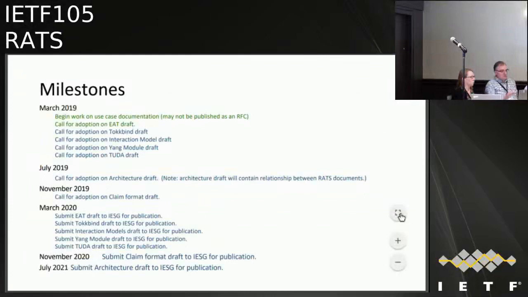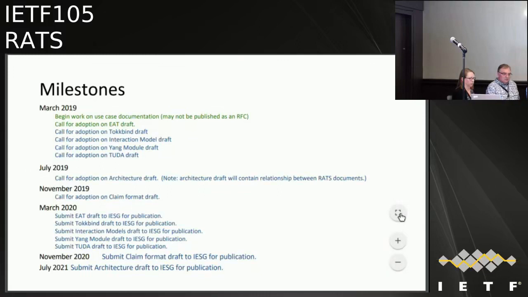So we wanted to cover the milestones since we're going to be updating them. Tomorrow we have presentations for updates on a couple of the drafts, but there are still a few that aren't on the docket. So I wanted to take a pulse, because there was some discussion that perhaps on the token bind, we wouldn't move forward.